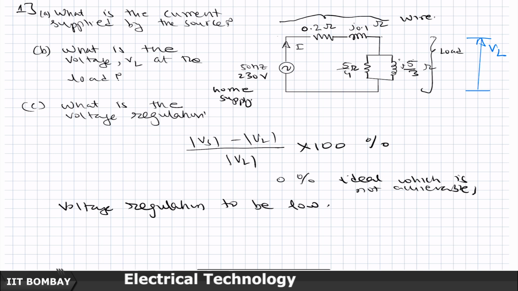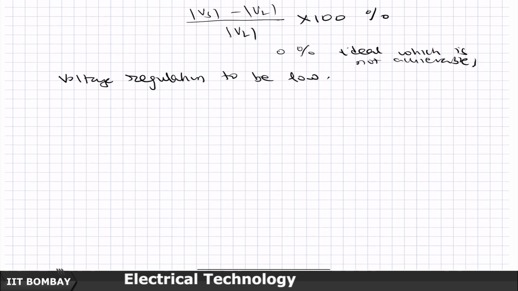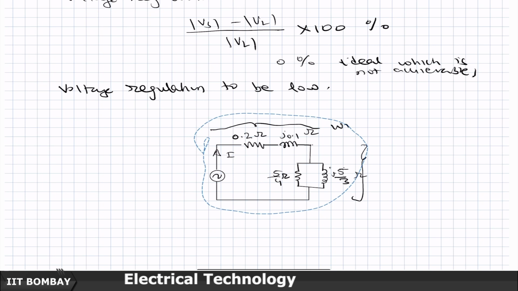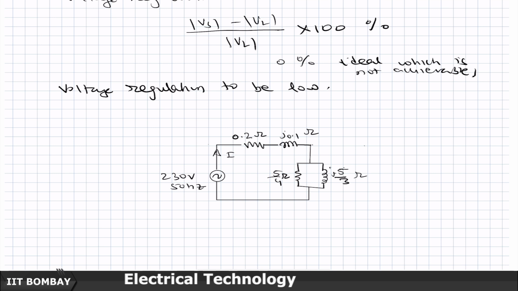Now, let us start working on this circuit. To be more consistent with the real world, I am going to take the peak amplitude of our supply not as 230 volts, but 230 into root 3 volts.